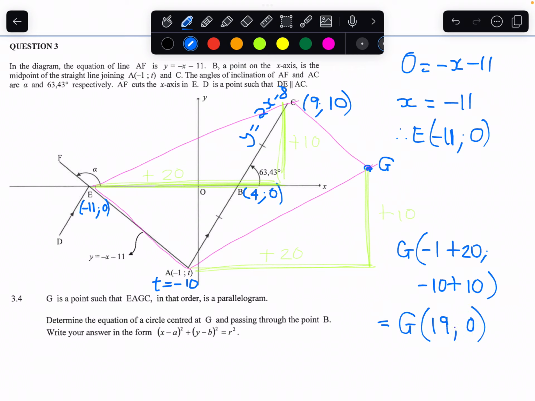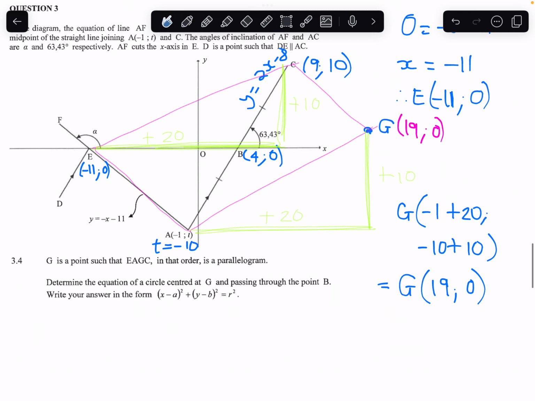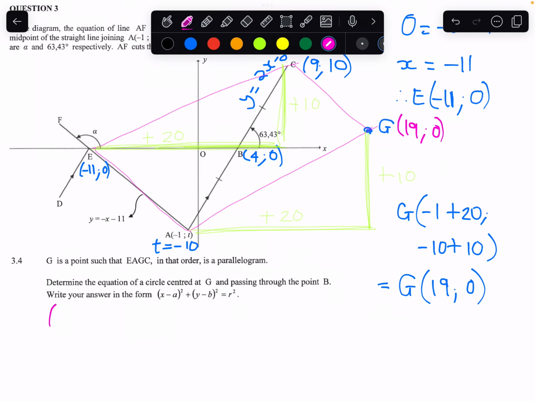So G actually lies on the x-axis in an interesting plot twist, right? So those are the coordinates of G, and that is the center of the circle. Okay, so then we know that our equation for this circle is going to be (x minus 19) squared plus (y minus 0) squared, which is just y squared, is equal to r squared.